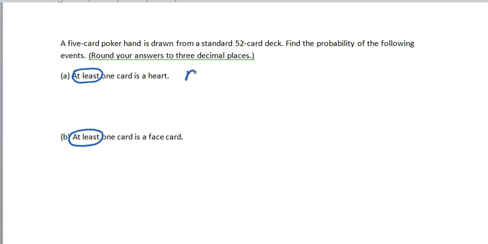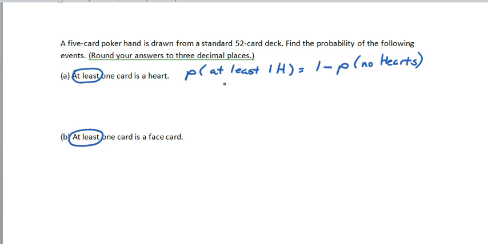So the probability of at least 1 heart would be equal to 1 minus the probability of no hearts. And computing the probability of no hearts is easier.